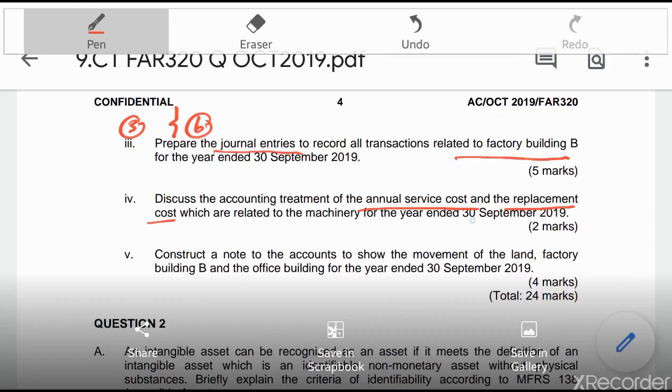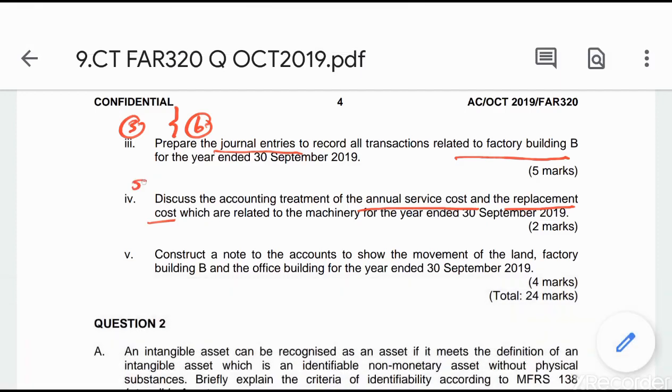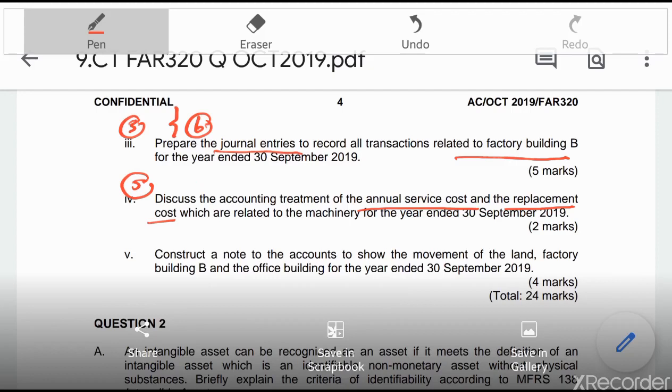The replacement cost of 108 thousand has to be capitalized, right? Because it improves the useful life. So mention that improvement of the remaining useful life is one of the indicators that the future economic benefits are enhanced. That one relates to information number 5. This one relates to number 3 and 6.